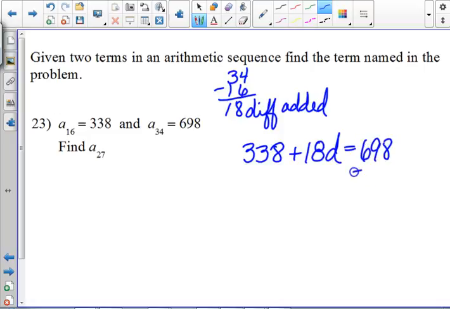Okay, let's do a little math. Yep, I got 20. Okay, great. Now I know the difference. I still am supposed to find term 27. How can I find term 27?